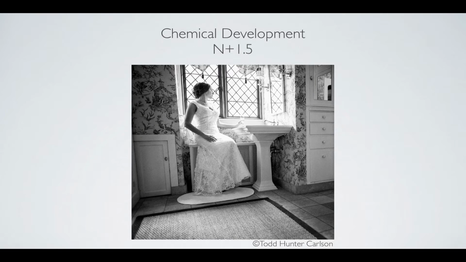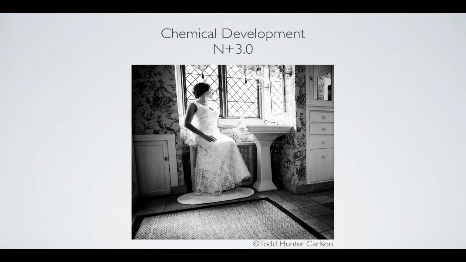Now, then there's this sort of process. So the N minus 1, N plus 1, or N plus 3, which is going to give us different contrast and different grain structure, as well as your tonal curve. You're going to get a lot more contrast from an N plus 3 as compared to an N minus 1. And one might use that in film to compensate for ISO. Right?